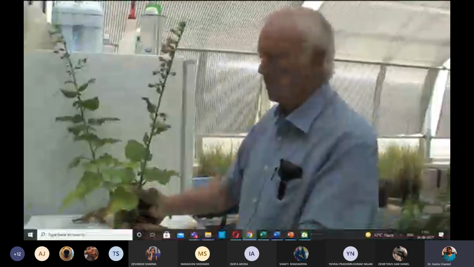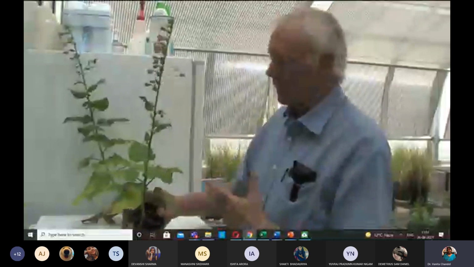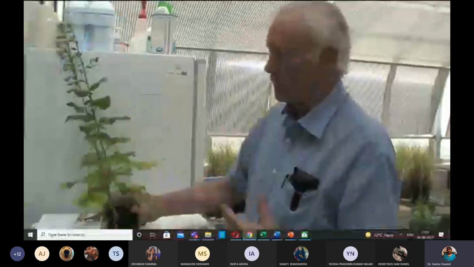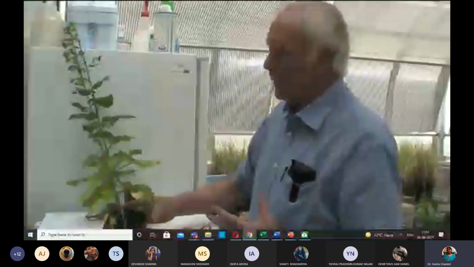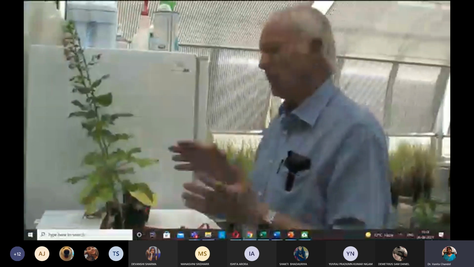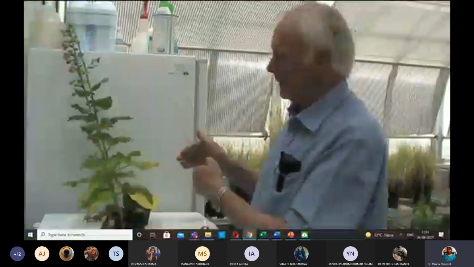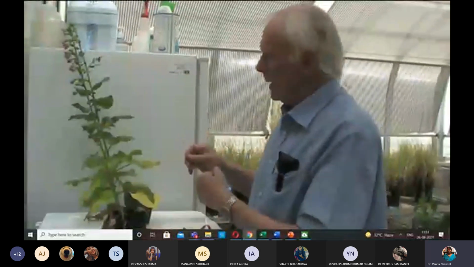When a virus is not mechanically transmissible, we can still demonstrate that it's transmitted. We can transmit these symptoms using a method called graft transmission. Grafting is a method where we take a piece of tissue from an infected plant and apply it to a susceptible plant of the same species.